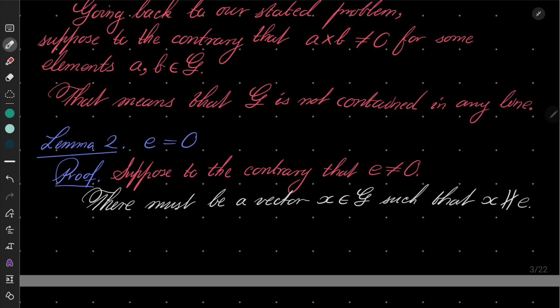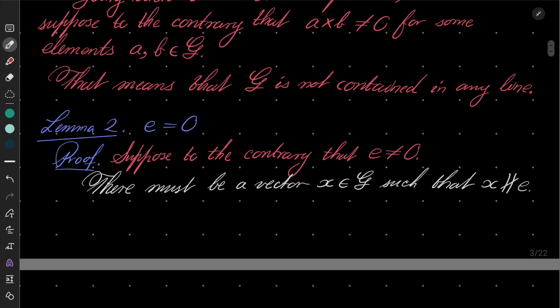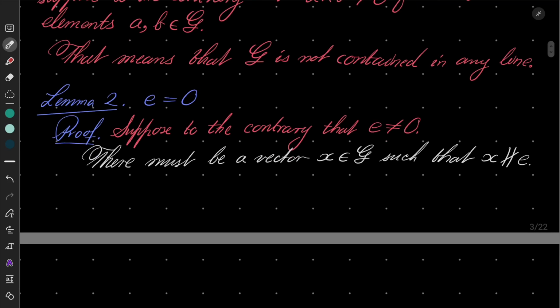Well, if every X were to be parallel to E, then again our group would be contained in a line. Okay, and now that means that X cross product E is non-zero.